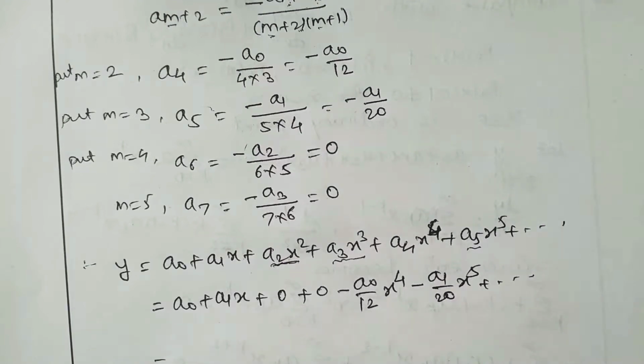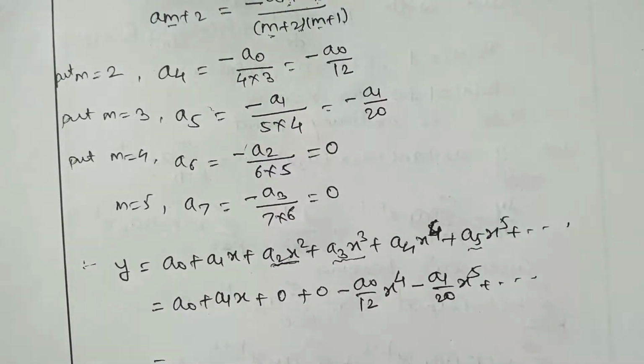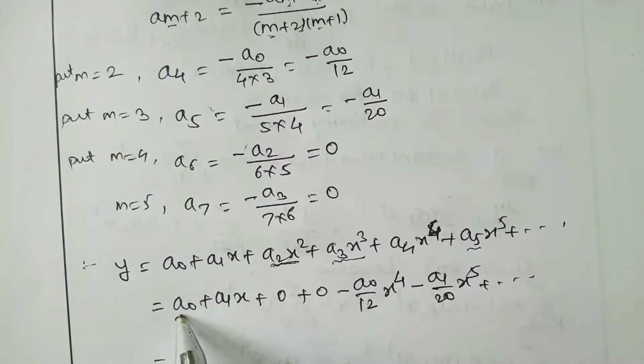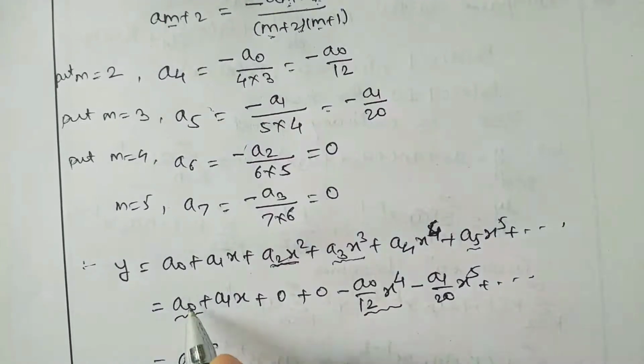Now collect the terms of a0 and the terms of a1 separately. Taking a0 common, a0 into the first term 1 and this term is -x^4/12 plus so on. Then plus, collect the terms of a1.